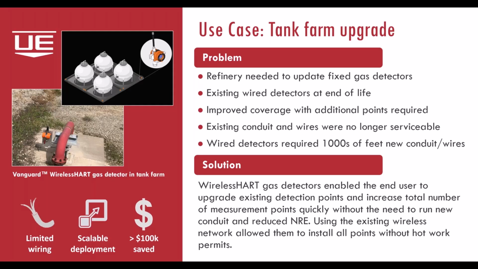But what they realized very quickly is they were able to scale far more than just what they had for the wire detectors. So where they might have had 4 detectors before, they're finding opportunities to put in 10 detectors to get better gas coverage. So they're able to scale this up pretty quickly, and now they're looking at other parts of the plants that they feel they could do for better coverage and driving that more.